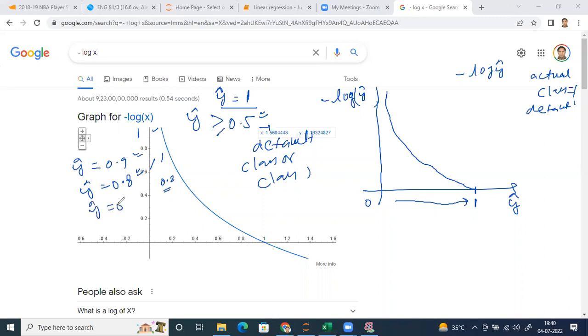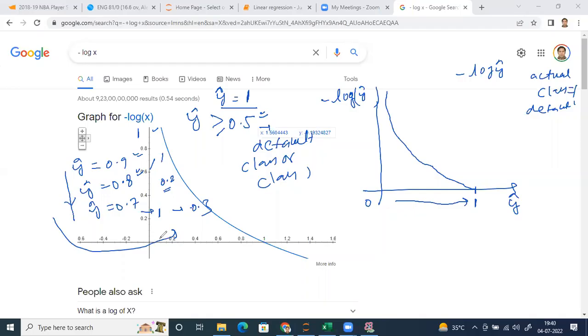When y hat is 0.7, the chance of belonging to class 1 is 70% and the other class is 30%, or 0.3. Similarly, when my probability is decreasing, the chances of belonging to the other class are increasing, right or wrong? Please tell me.